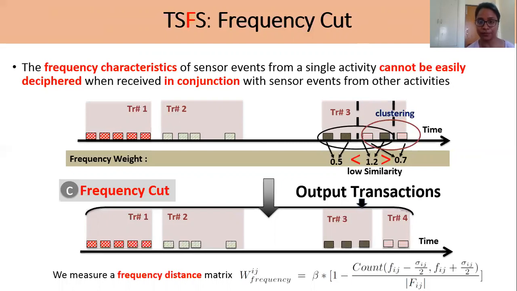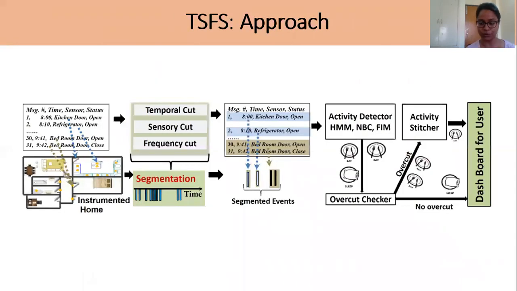We do some training on the ground truth data and find out the general frequency between event pairs when they are in a segment, and then use that to decide whether two sensors are coming really fast in time, and then we can divide them. So this is frequency cut: based on event pair frequency, you can demultiplex two activities that may have gotten together and are very similar in nature. With that, the segmentation is complete, and so the left part is done.